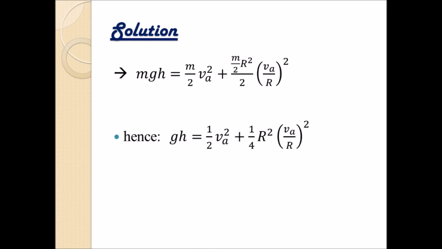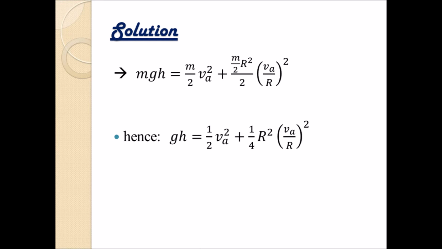And what we get is that g times h equals 1/2 multiplied with velocity VA squared plus 1/4 r squared multiplied with VA divided by r both squared.